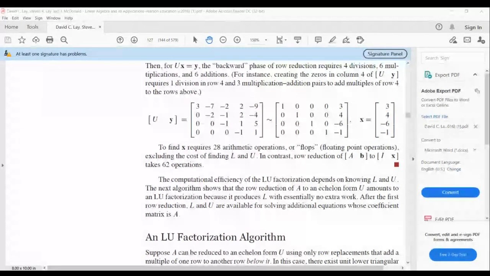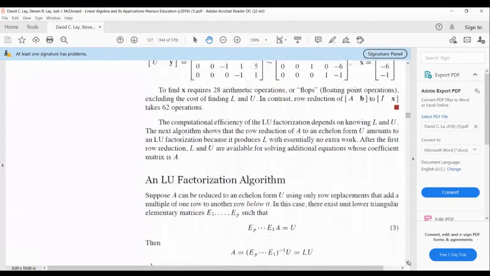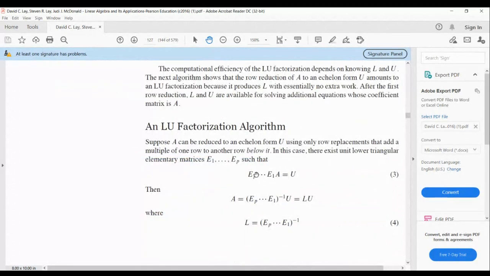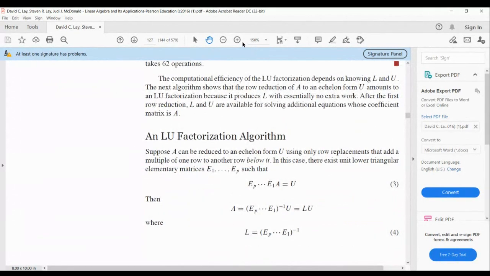Good, good. So the LU factorization algorithm, the proof of that is actually not that hard. It really is quite simple. Remember elementary matrices, when we showed why the algorithm for finding the inverse of a matrix works, I showed you based on an example with a product of elementary matrices.